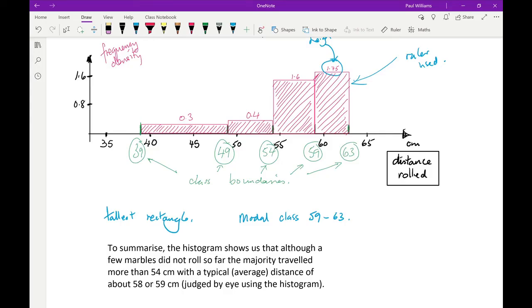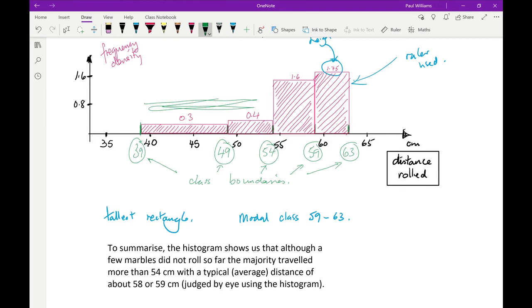So to summarize, why is a histogram a good diagram? Well, if you look at the diagram at the top here, it's quite quick at a glance to see that most of the marbles travelled more than 54 centimetres. There were just a handful that travelled less down here, 39 to 54 centimetres. But you can see that at a glance, and that's why a histogram is such a powerful diagram.